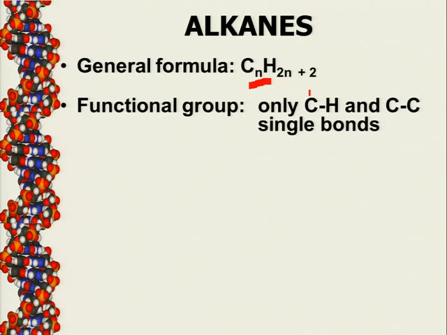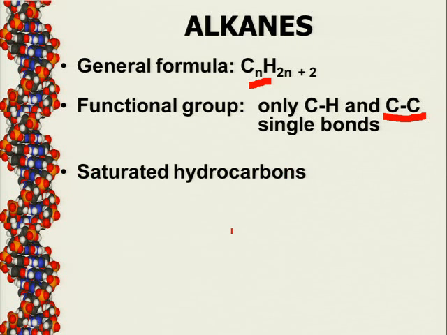So the hydrocarbon, we said, is the compound that contains only the carbon and the hydrogen atoms. We also have single bonds between 2 carbons. And these are saturated compounds. Remember, we said saturated compounds are the compounds where you do not have multiple bonds.